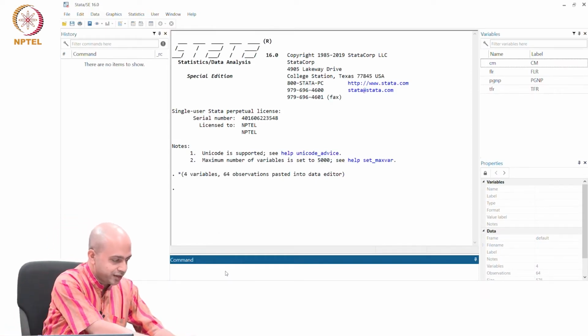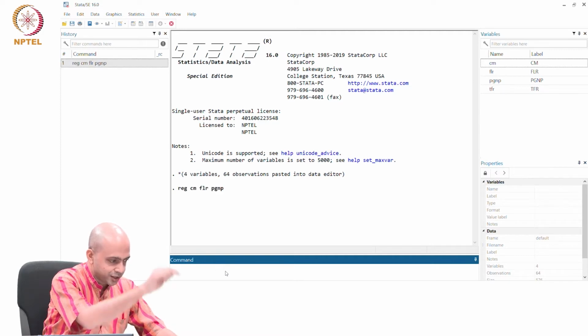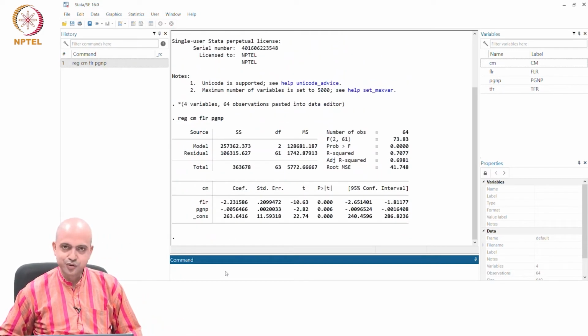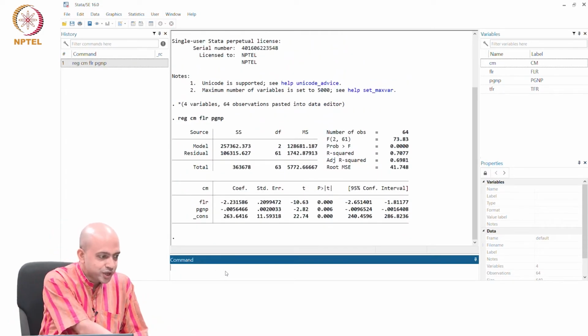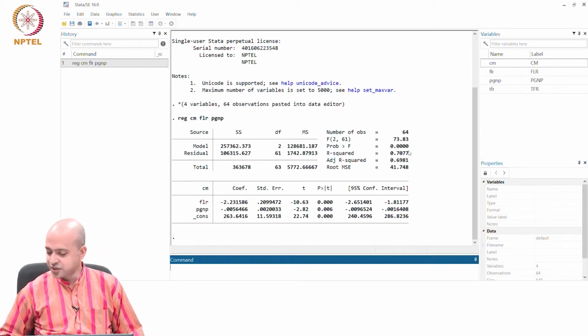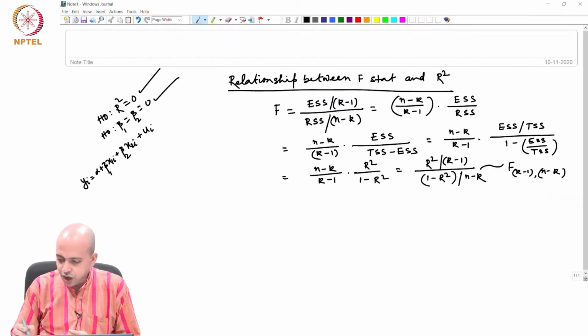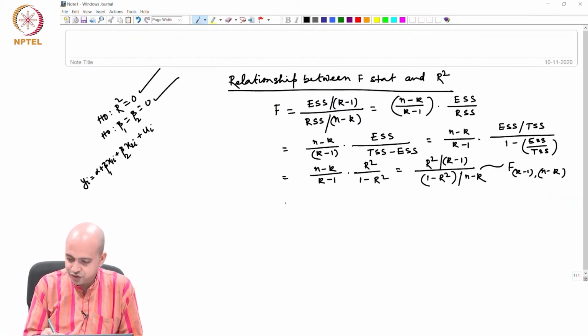So, if we write reg CM, then FLR and then PGNP, this is our model. And what is the R square? The R square value is 0.7077, okay, 0.7077.